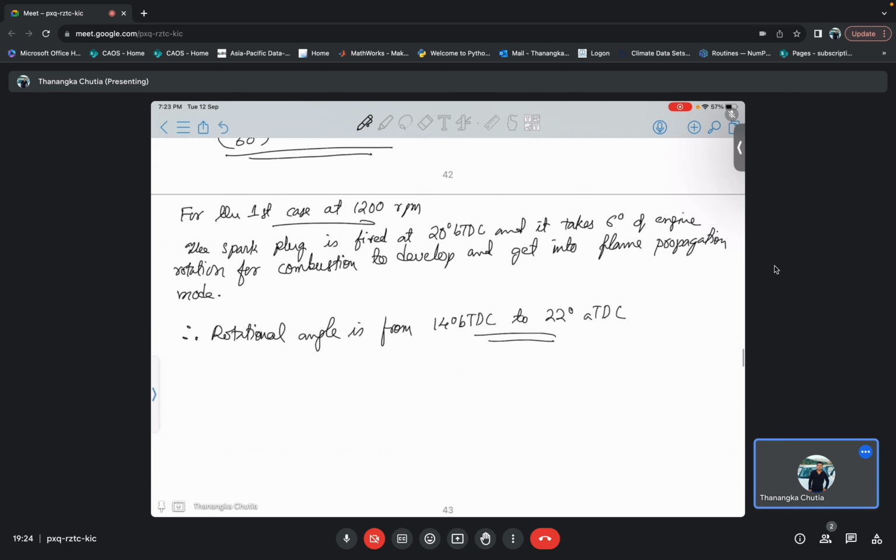Okay, so this is the rotational angle during your flame propagation time. Now the next case is when the speed is 1600 RPM.